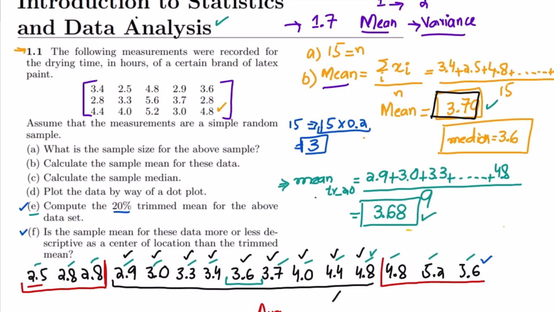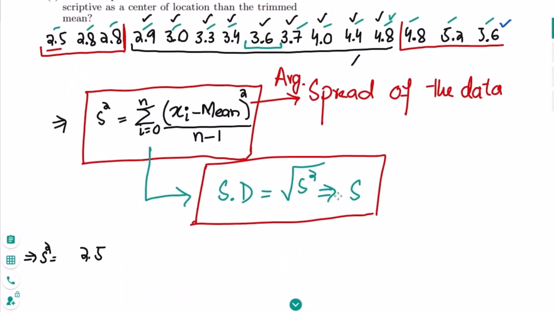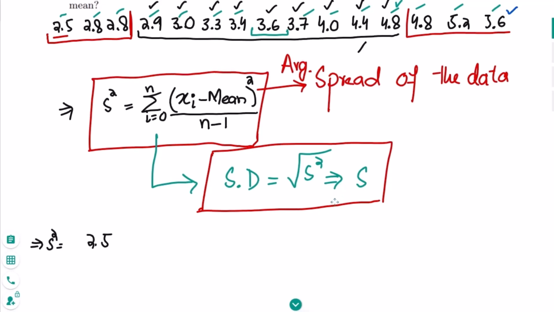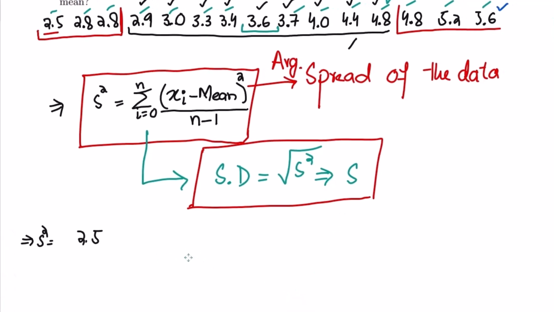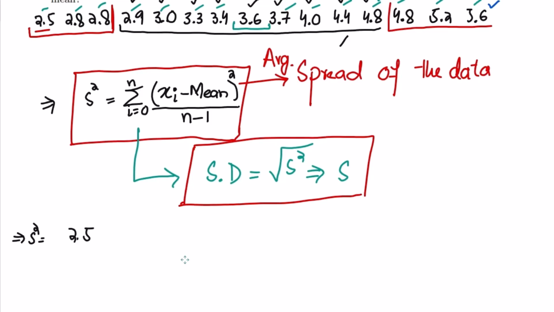So let me use this mean here. I have to subtract this mean from each of the points. So 2.5 minus 3.79, and then square it.